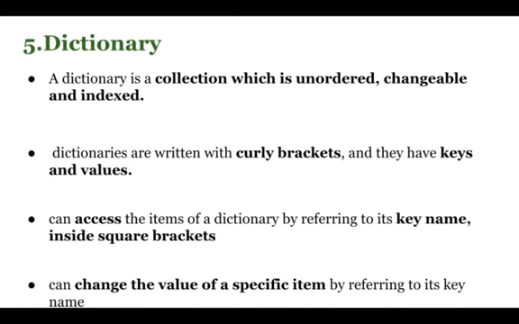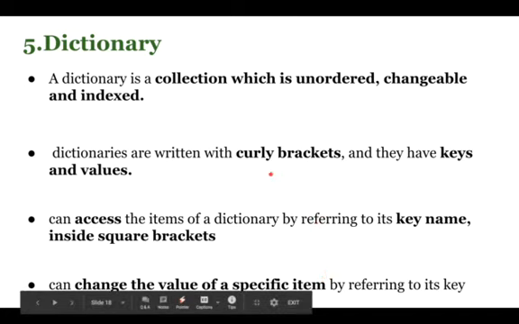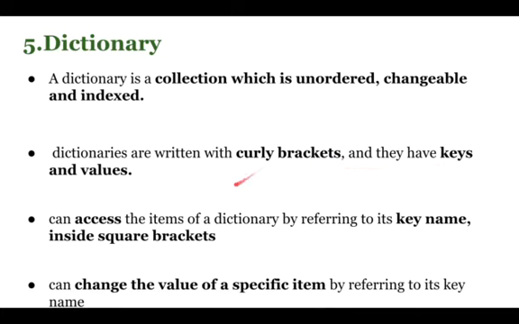Next is about the dictionary. Dictionary is again another data type that is supported in Python. It is a collection that is unordered but changeable and indexed. They are written within curly brackets and they have keys and values.